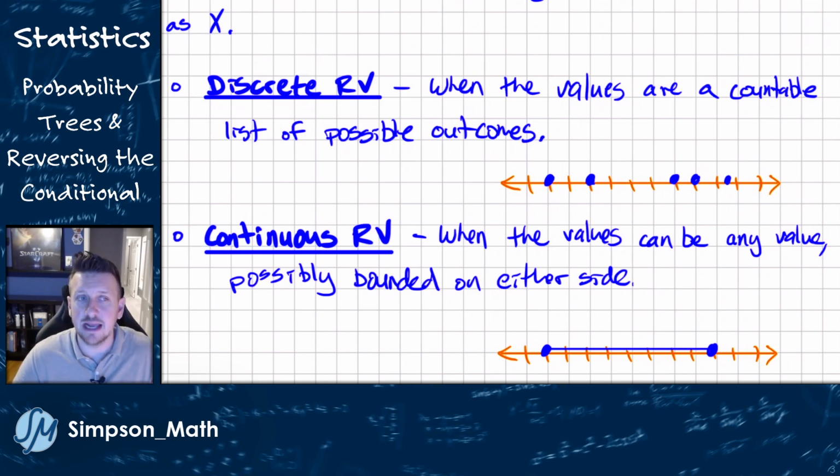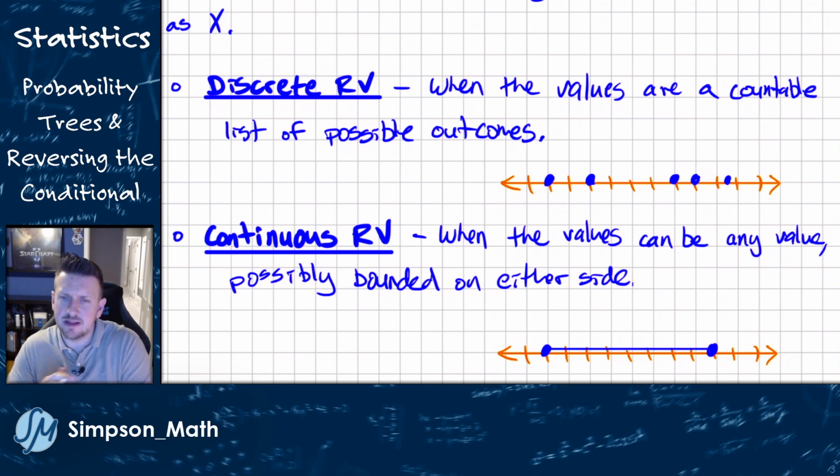When the values are a countable list of possible outcomes, this is a discrete random variable. It's like I have some number line, and our possible x's are this dot, and this dot, and this dot. It can be a half, whatever, but these are separate numbers. There's nothing going on between them. Versus a continuous random variable, when the values can be any value, possibly bounded on either side.